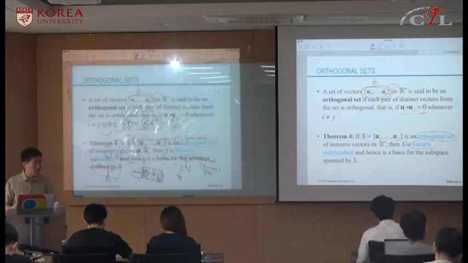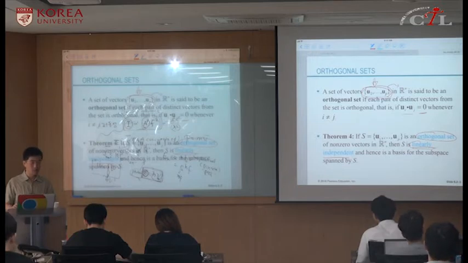consider just the opposite situation by negating this conclusion: what if they are linearly dependent? What if the vectors are linearly dependent? And then we want to check whether it is possible that this vector set is orthogonal or not.